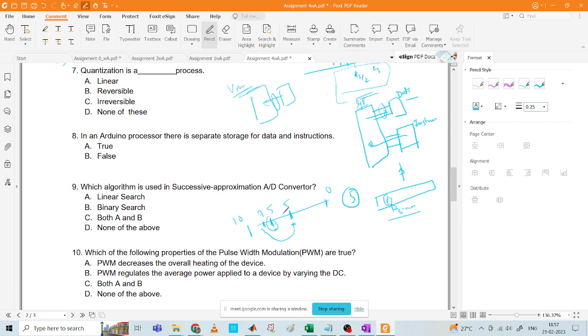If it is less than 7.5, it is lying between 5 and 7.5, so it will try to come to around 6.25. Whether it is more than 6.25 or less than 6.25, based on that it will go one way or the other. So you see it is constantly targeting the mid value, right? That's why it is called binary search.